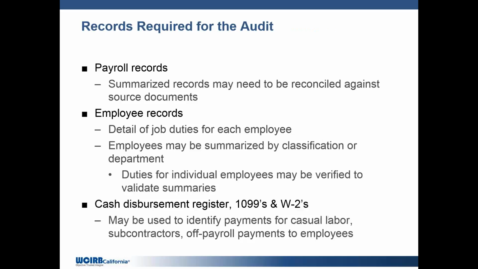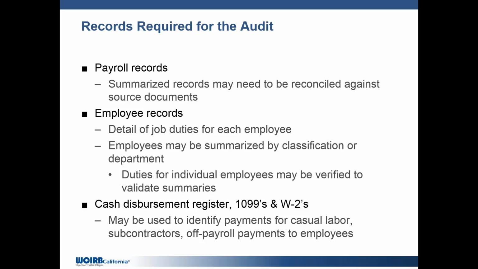So when we look at the payroll records, a lot of times we're thinking of the books that are provided by ADP or something that might be in QuickBooks. Many employers provide summarized records to the auditor, and so it would be the amount that's assignable to each classification. And those records can be used by the auditor, but they may need to then reconcile those against the source document.